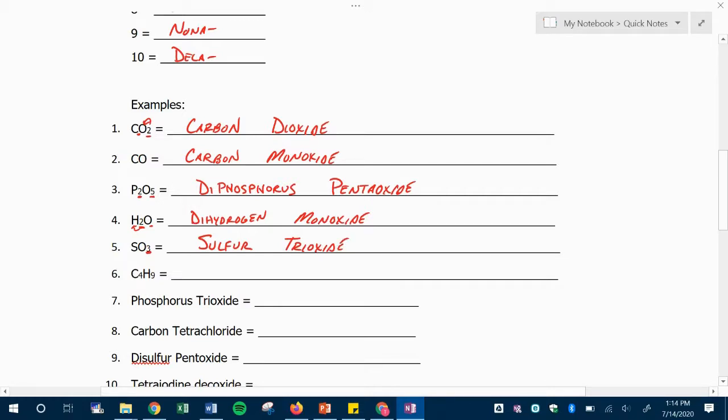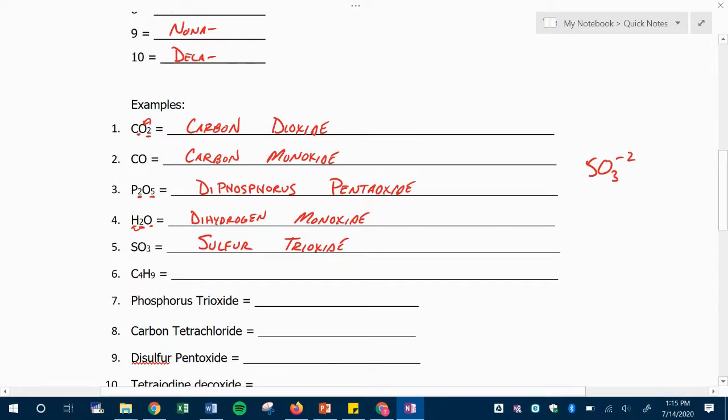Now, this is where you have to be careful, because as you get more familiar with the polyatomic ions, SO3 is actually also a polyatomic ion. The difference is that SO3 as a polyatomic ion has a -2 charge, whereas this SO3 has no charge.